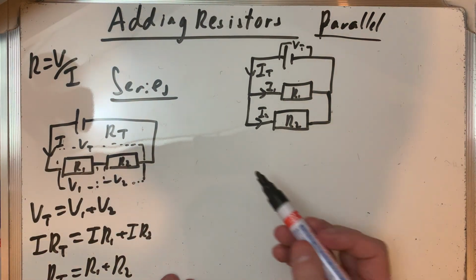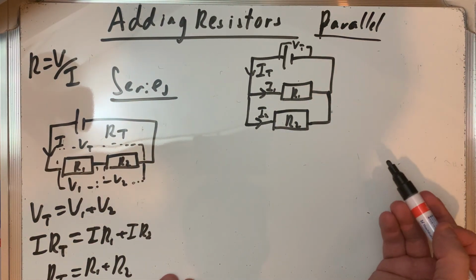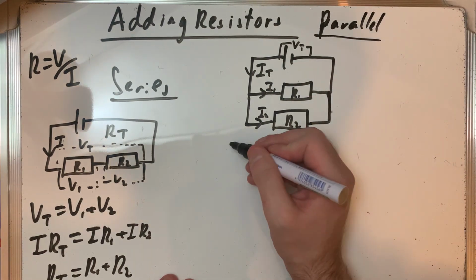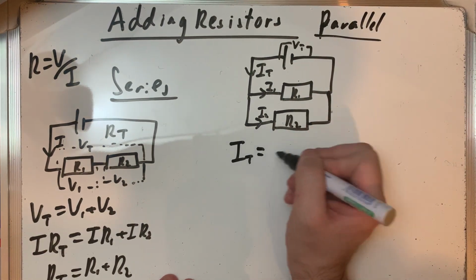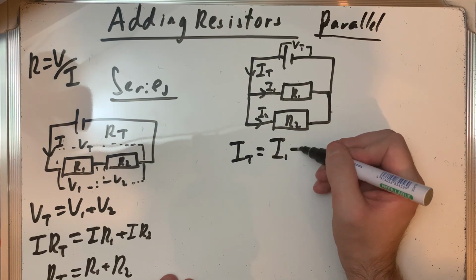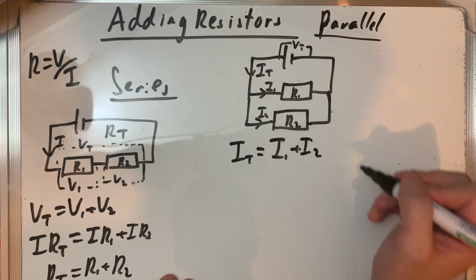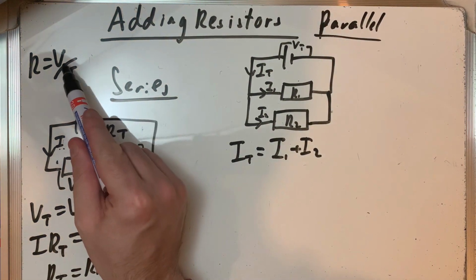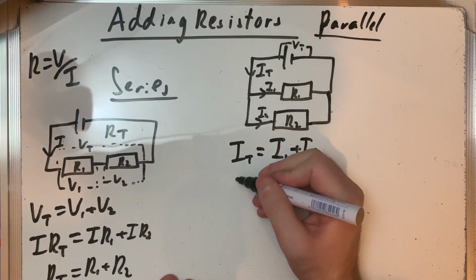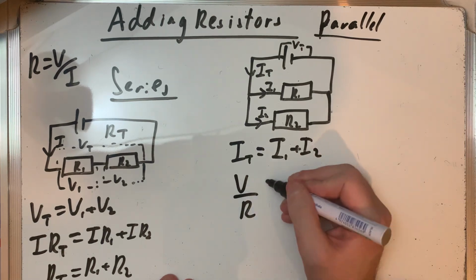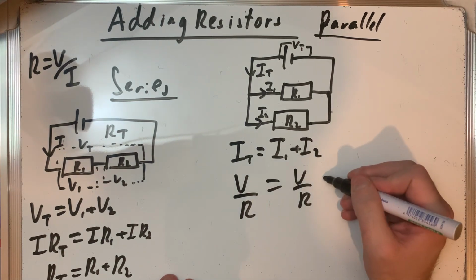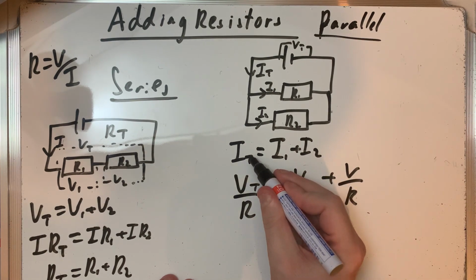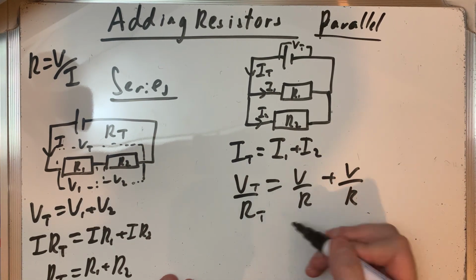So, again, a combined resistance of RT. So we can apply Kirchhoff's law and say that IT is equal to I1 plus I2. Now I could write each I as V over R, couldn't I? As long as they match. So total current is total voltage over total resistance.